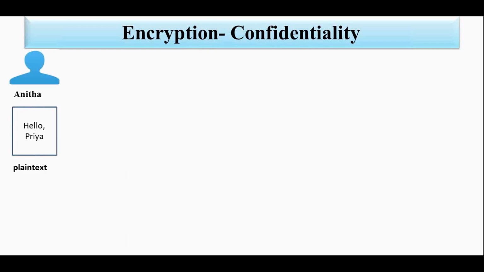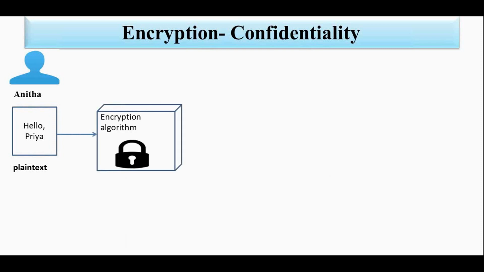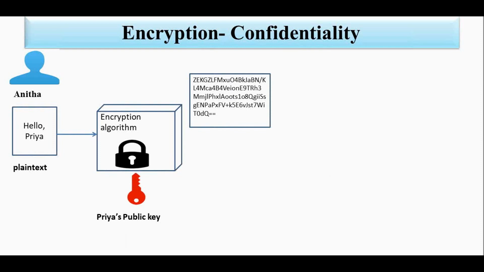So Anita takes a simple plain text, "hello Priya". Her motive is that the plain text "hello Priya" must be read only by Priya and not by anyone else. So she takes an encryption algorithm, say a popular algorithm RSA. She uses Priya's public key to encrypt it, and gets the corresponding cipher text. That cipher text is transmitted through an unsecured channel.